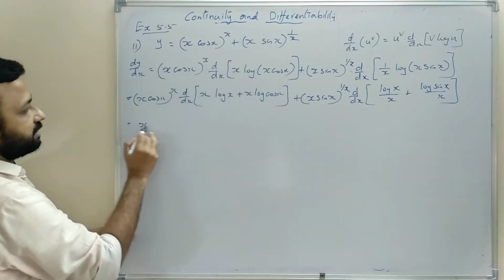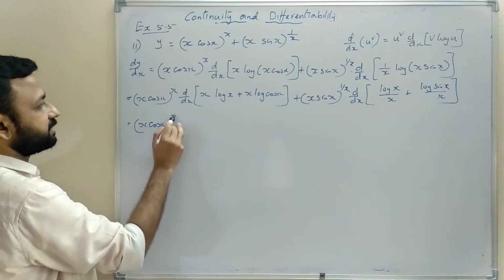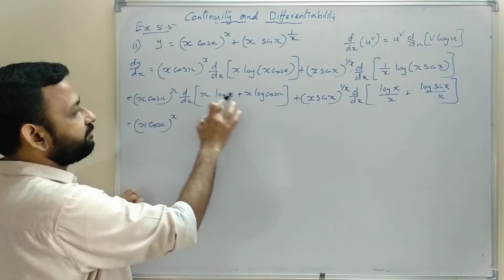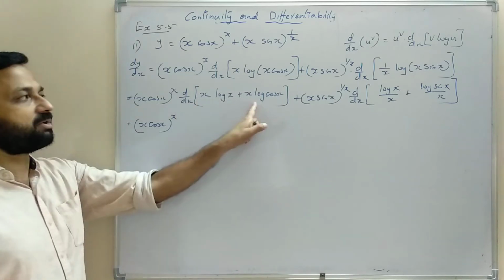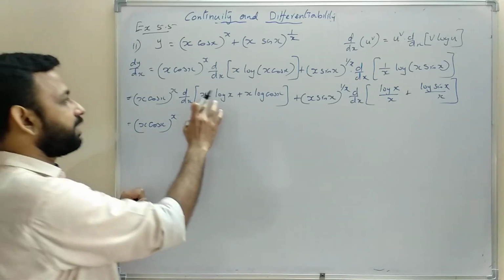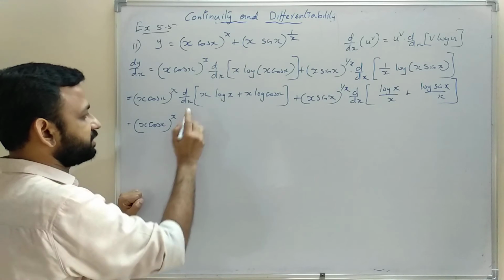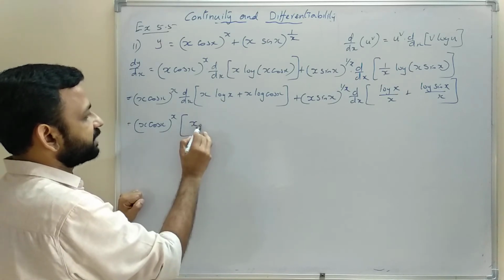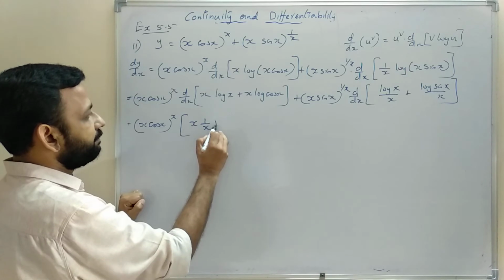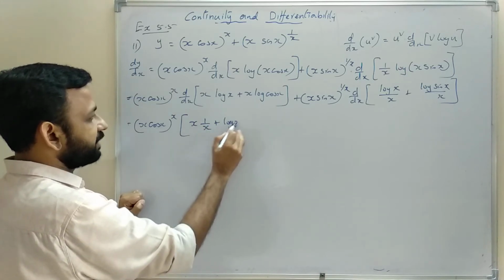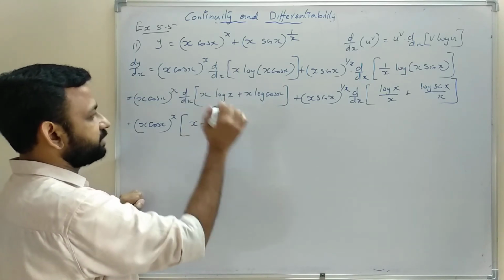That is (x cos x) raised to the power x. Here we will apply the product rule to x log x, and here also we will apply the product rule. When we apply the product rule: first function into derivative of second, x into 1 by x, plus second function log x into derivative of x, that is 1.